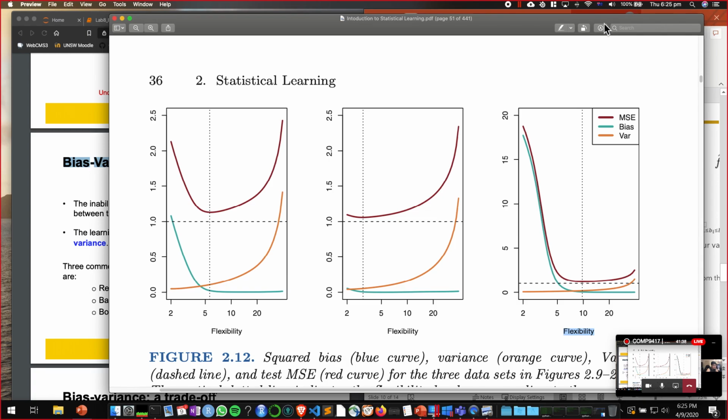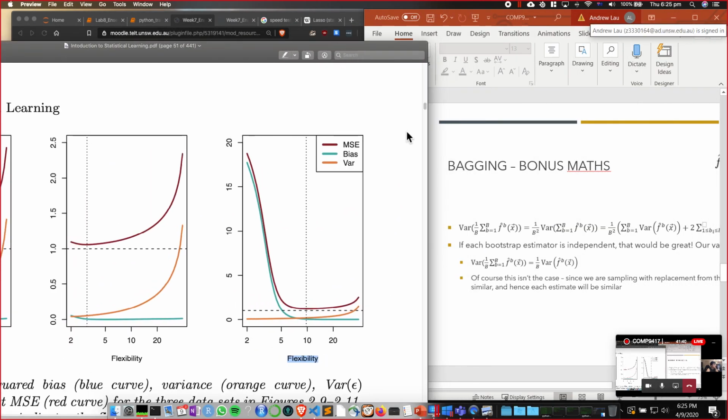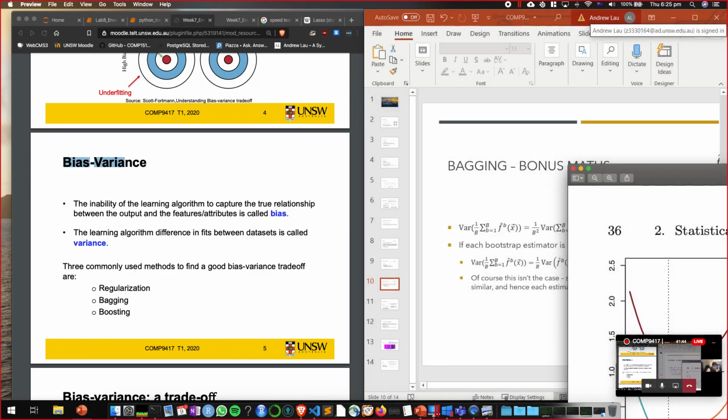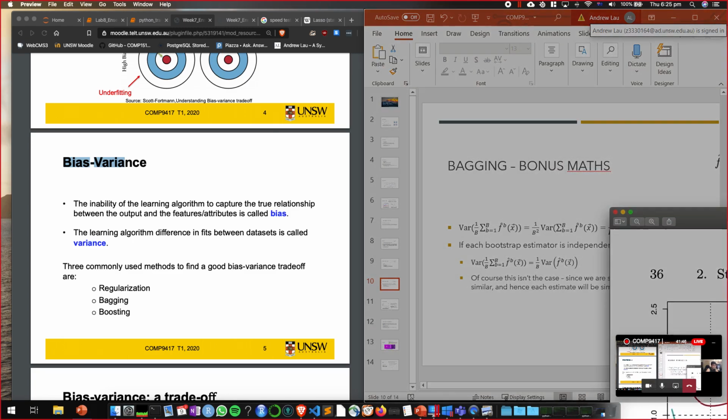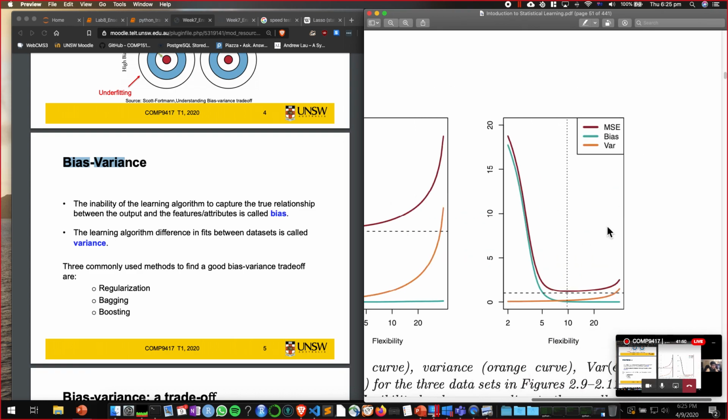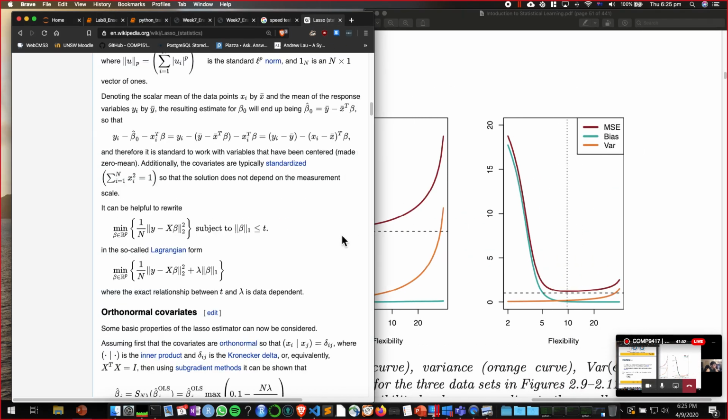Now, this flexibility parameter here, let me just move this off to the side. This flexibility parameter here could even be this lasso penalty term, right? Although actually it's more the inverse, right?